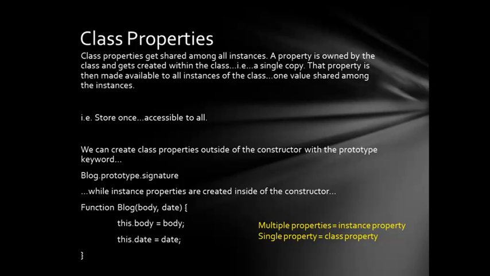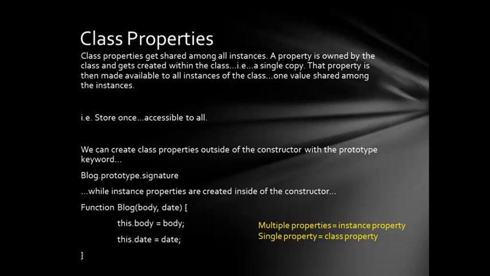But we can create these properties outside of the constructor with the prototype keyword, so they're at the class level instead of that instance. So they're shared once at the class level, and every instance shares that. In the case of this.position, that was shared with that particular instance. So when I open that record data set, that instance gets access to this.position.